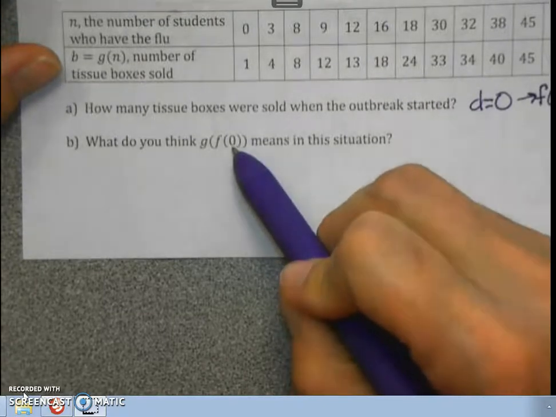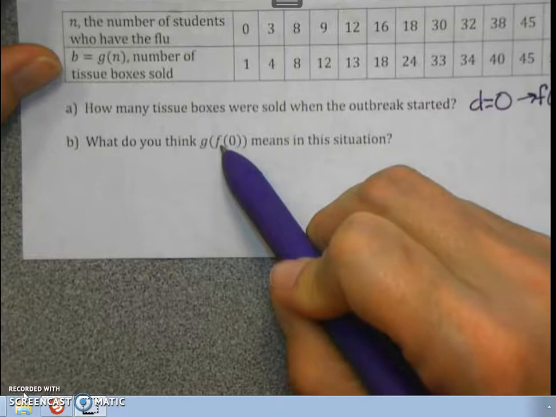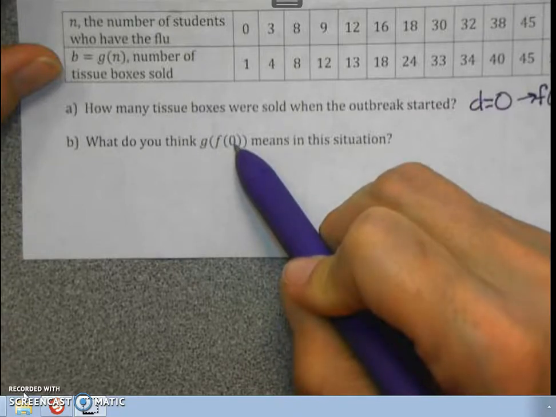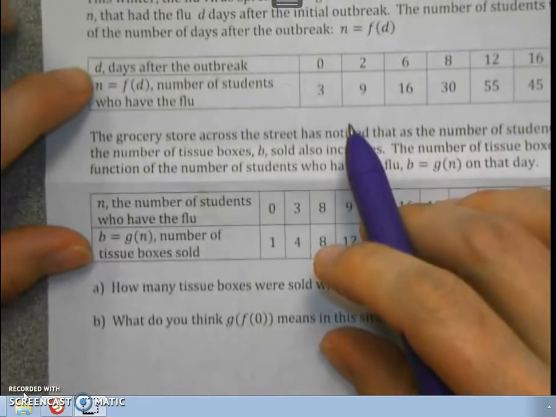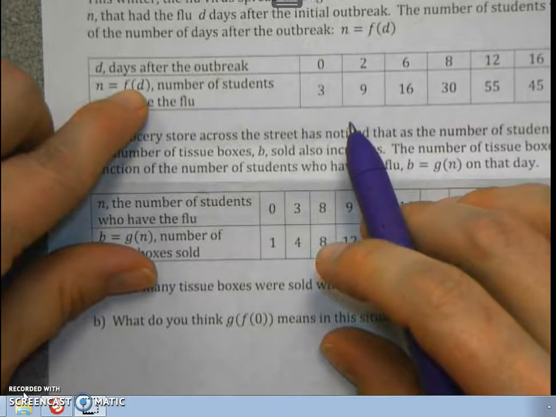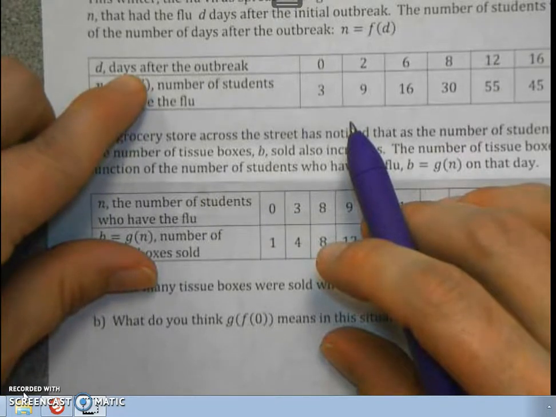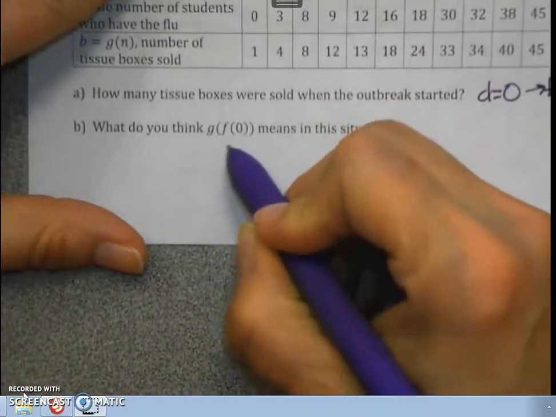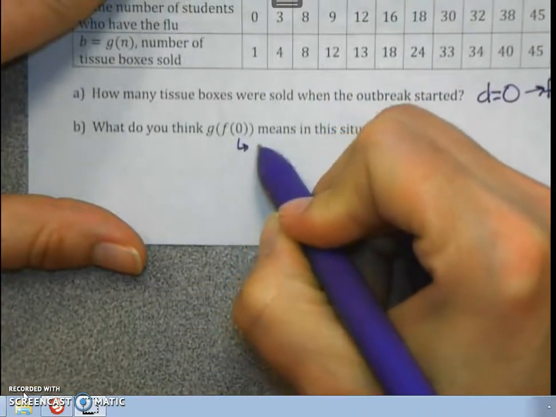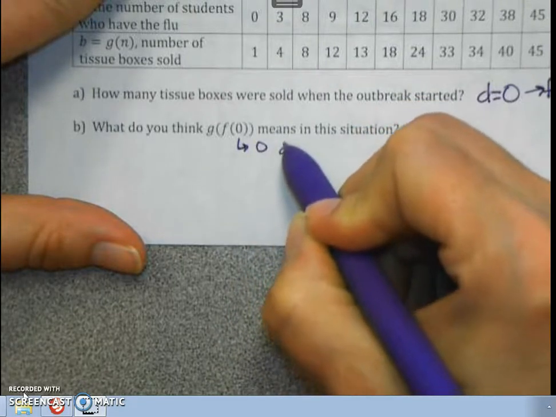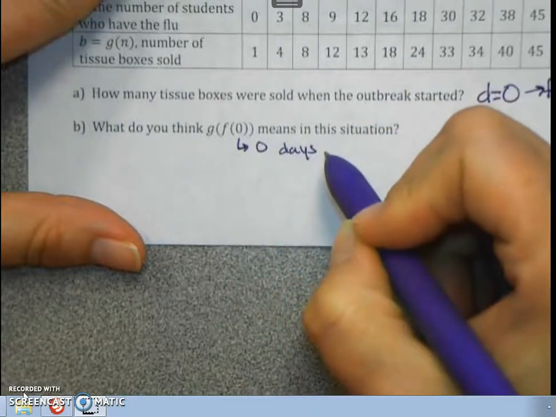So we're going to start with 0, and because it's attached to F, that means we go and look at the F function. We always start with the innermost first, and F is telling us how many kids there were this many days after the outbreak. So this really means 0 days after the outbreak.